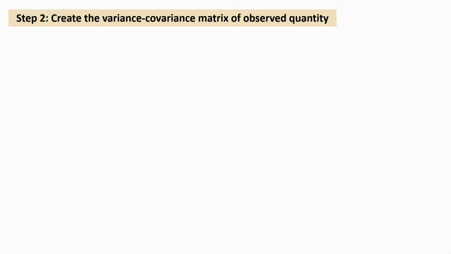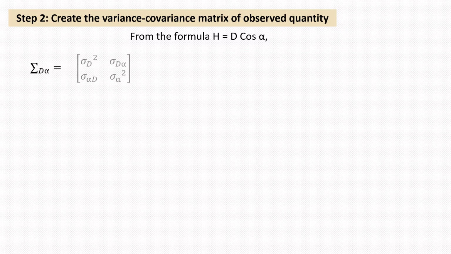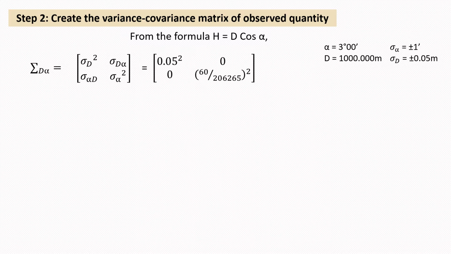Move on to step 2. Create the variance covariance matrix of observed quantity. In this question, there are two observed quantities, which are the slope distance d and vertical angle alpha. So, the dimension of the variance covariance observation matrix that will be created is 2 by 2. The vector for this matrix is actually the variance of the observed quantity.